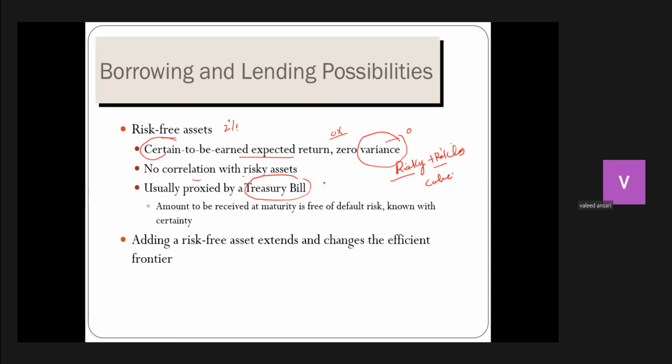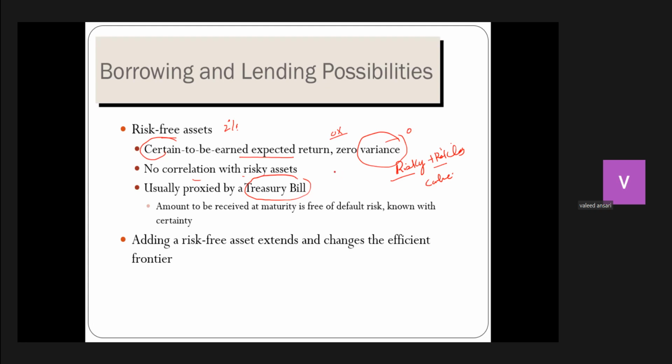So once we combine Markowitz's risk efficient frontier with riskless assets, certain surprising results emerge. It is well known now, everybody knows it.